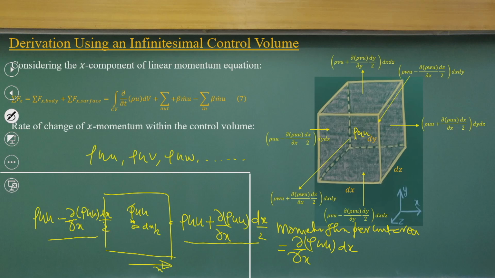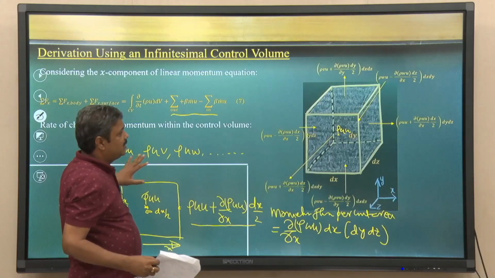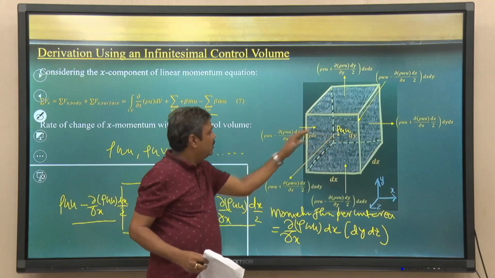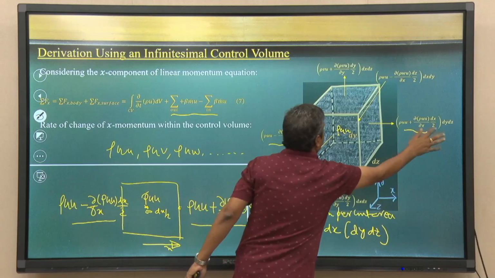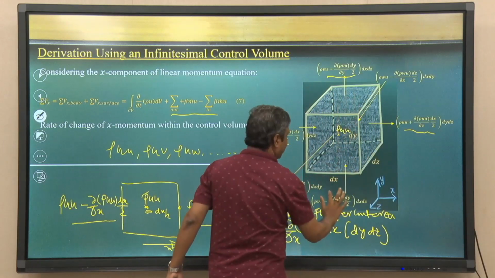If you multiply it with the area, it is acting over the surface of dy and dz. So, as earlier in the classes, we try to simplify these terms. Now we are trying to write these terms in terms of momentum flux as defined by rho u. What will be the component here, and what will be the component in these directions?